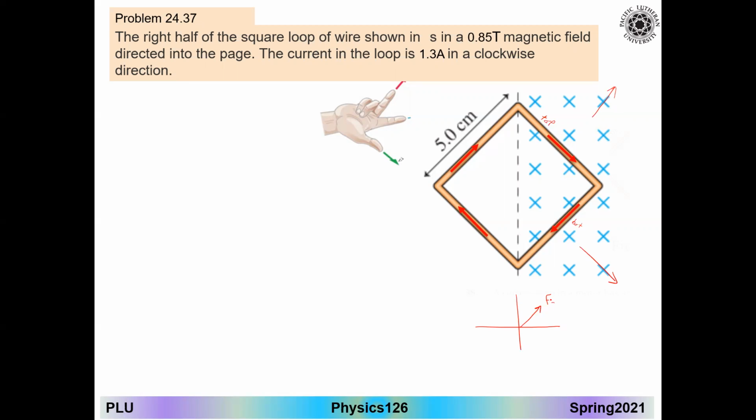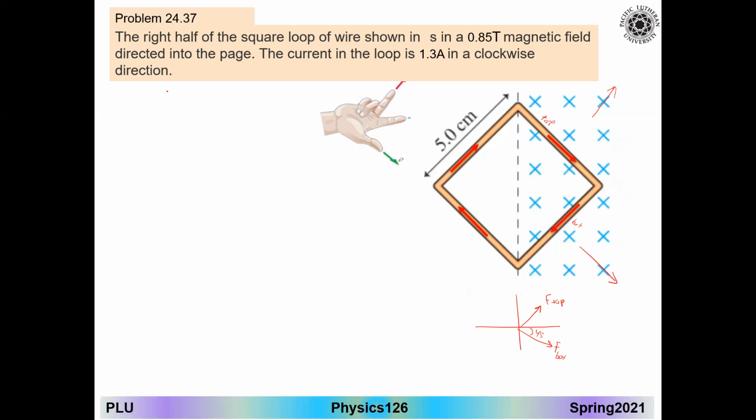Here is the force of the top, and here is the magnetic force for the bottom. The angle here is 45 degrees for both.